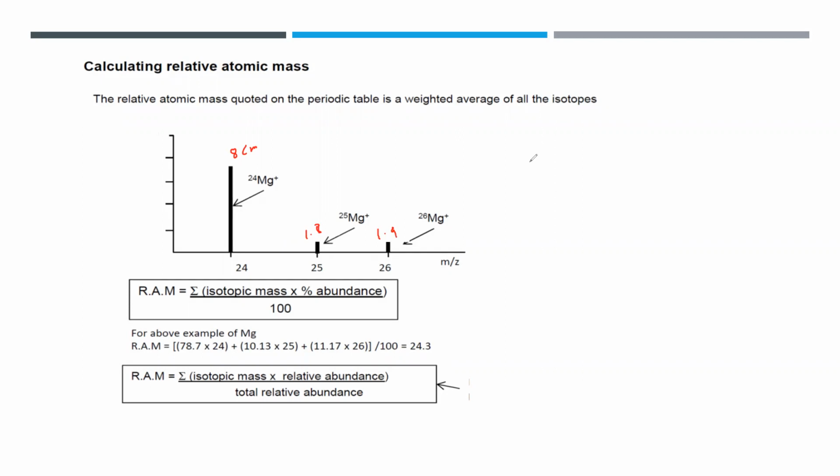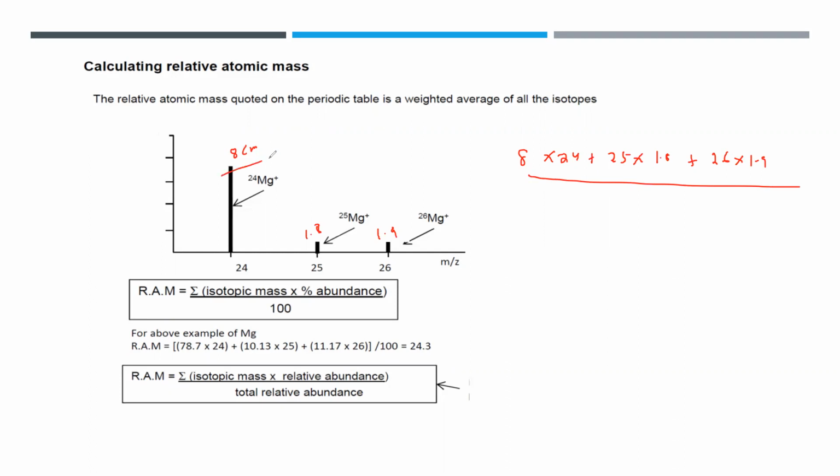Then how will you get the answer? So this will be 8. Using a ruler scale, you measure the height multiplied by 24 plus 25 multiplied by 1.8 plus 26 multiplied by 1.9 and then divided by the sum.